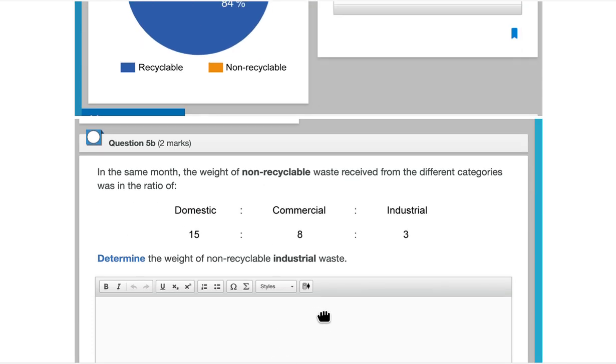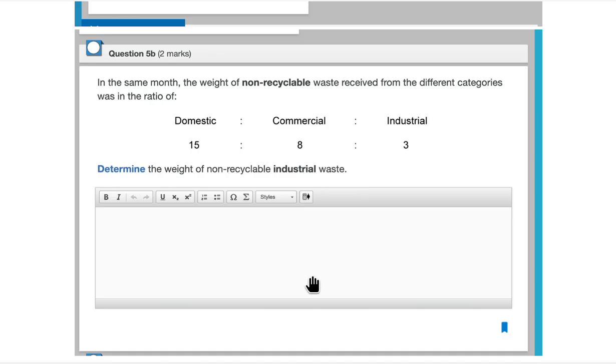In the same month, the weight of non-recyclable waste received from the different categories was in the ratio of 15, 8 and 3 for domestic, commercial and industrial. Determine the weight of non-recyclable industrial waste. Okay.